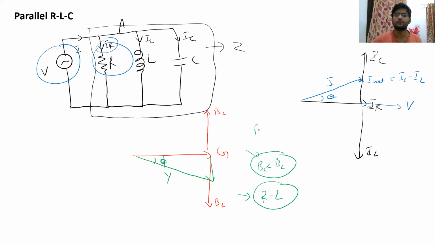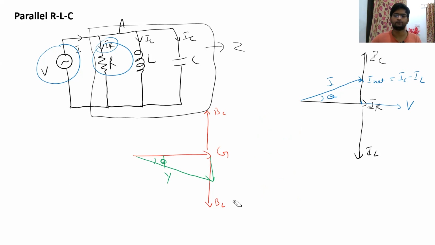And if BC is greater than BL, then in that case the circuit will be working as a parallel RC circuit, and current will be leading the voltage, and in that case the power factor will be leading. So I hope you understood this whole topic.